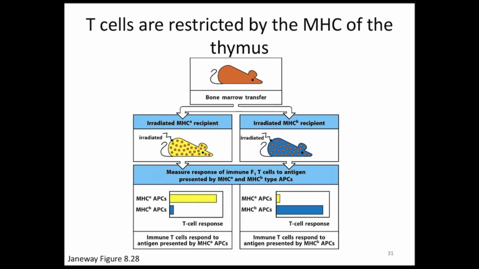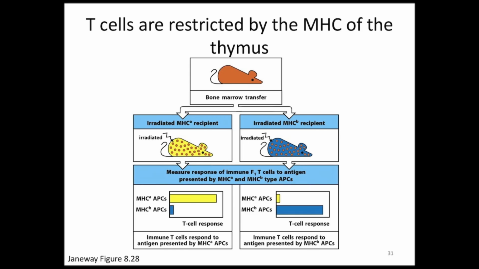And you can also kind of see this here. Here you can see if I took bone marrow from an orange mouse and I put it into either a yellow body that contains a yellow thymus or a blue body that contains a blue thymus, I can make those orange T cells think that yellow is self. Or I can make those orange T cells think that blue is self.